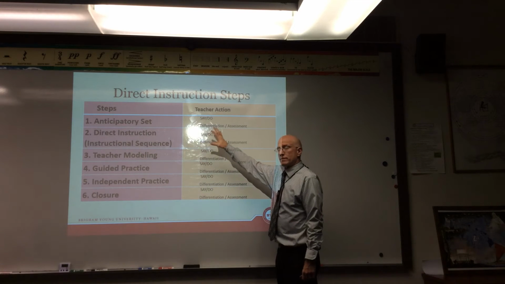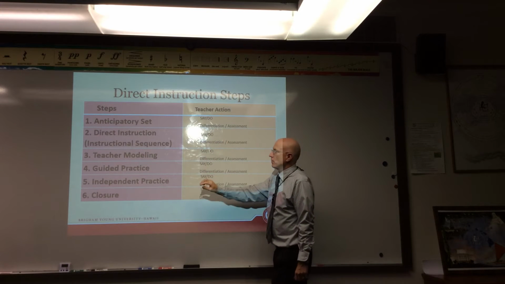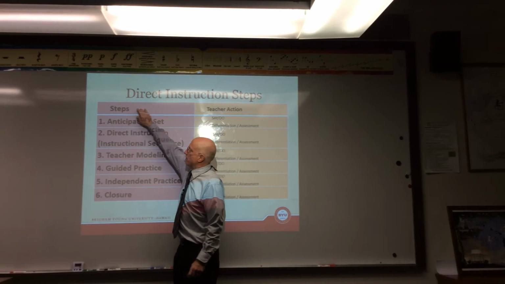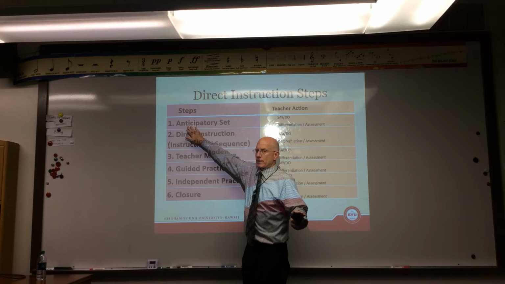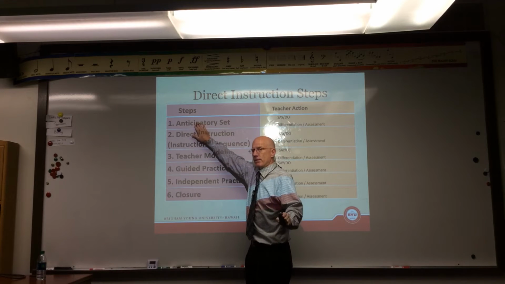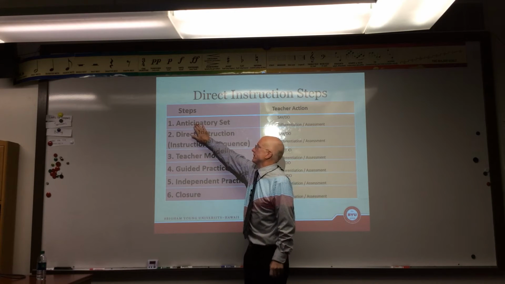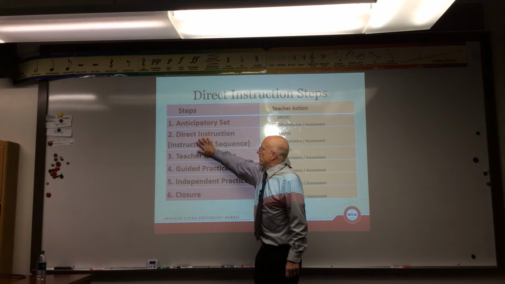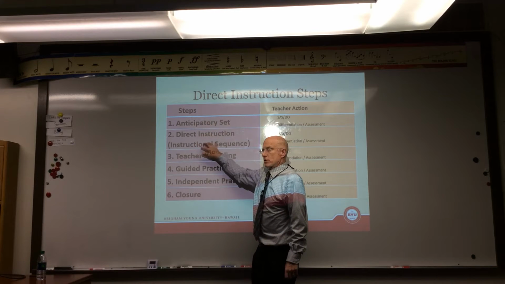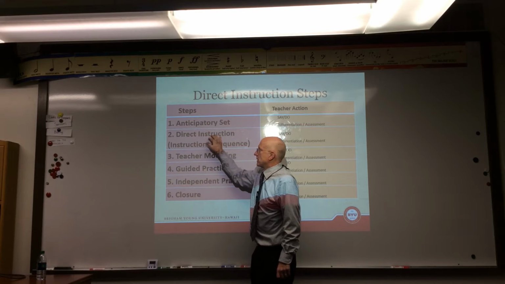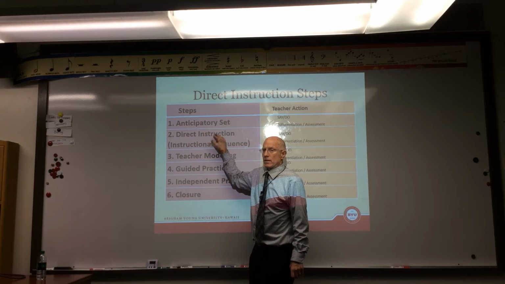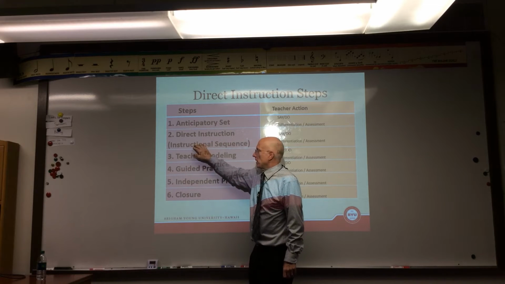Here's the sequence of steps, a little different way of looking at it. First, of course, we do an anticipatory set. All our lesson plans include an anticipatory set. Creative, engaging, you know what it is. Then we move into the instructional sequence portion of the lesson plan, and we provide direct instruction, basically what we're going to be teaching.